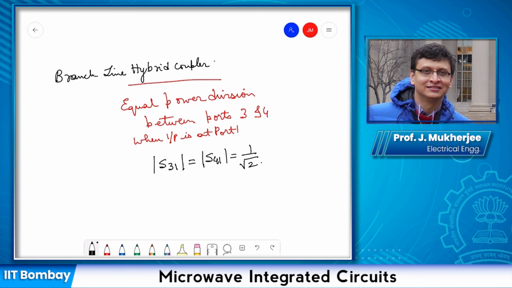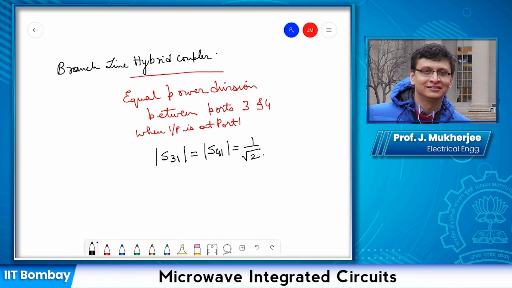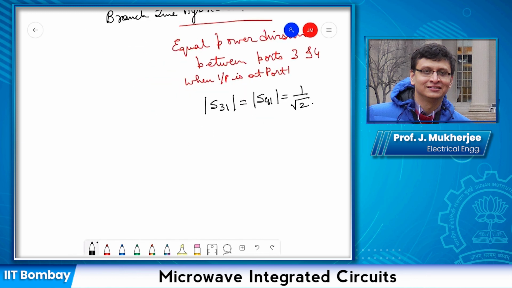So what is the schematic of a branch line hybrid? A branch line hybrid, first of all, I'll draw the structure, how it looks like on fabricated. And for your project, you will need this branch line hybrid.